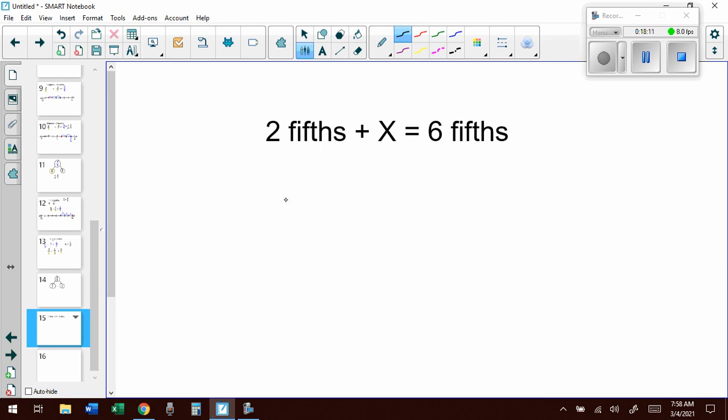So here we have the same idea. We have to find out what x equals. So here we have 2/5 plus what equals 6/5. Well, obviously we're dealing with like denominators, so that's good. Means that we can already fill in that it's something fifths.